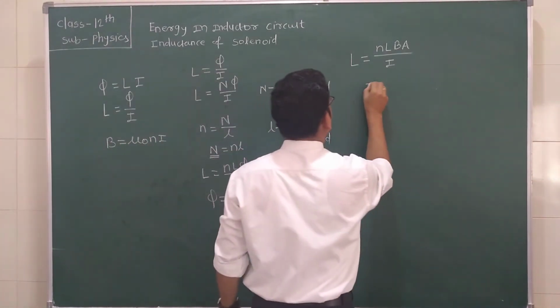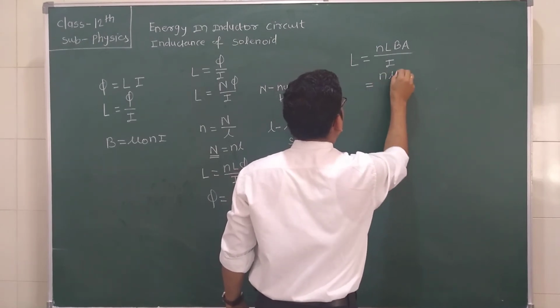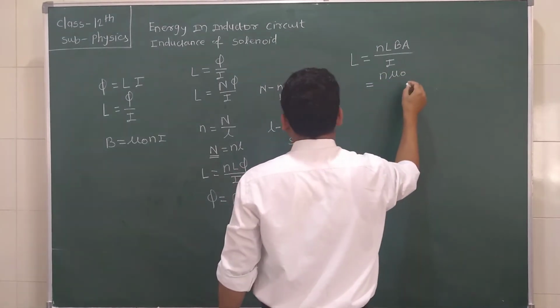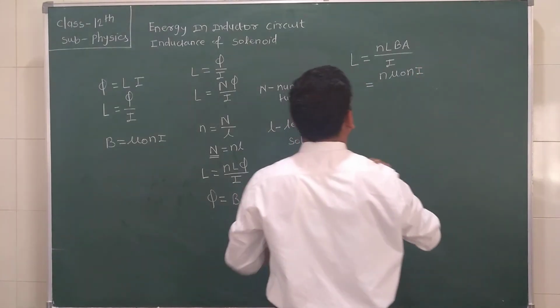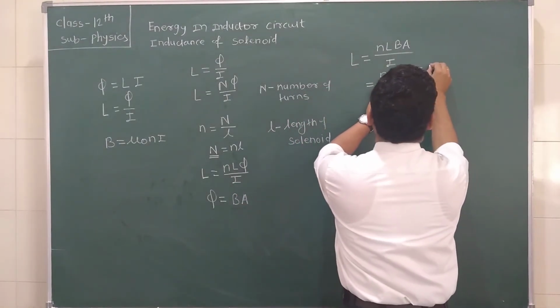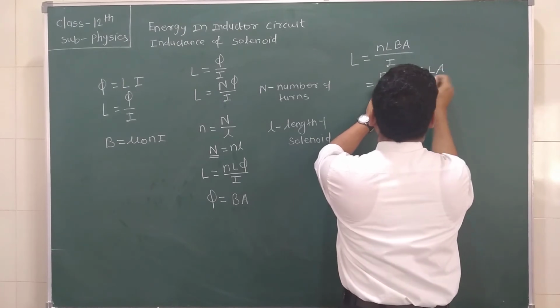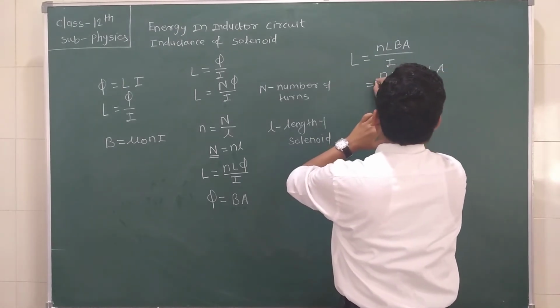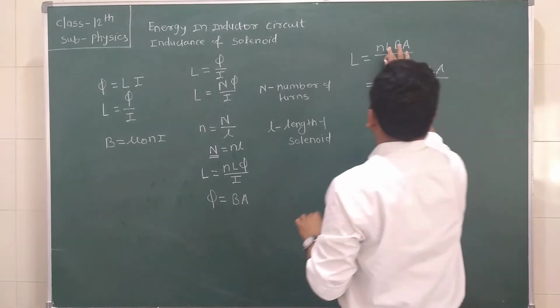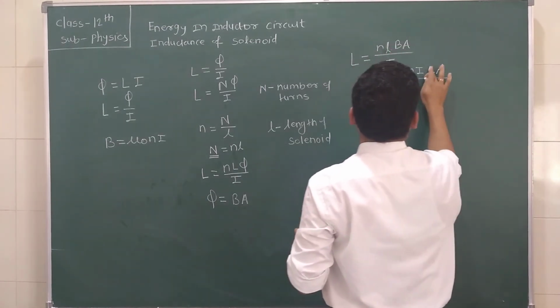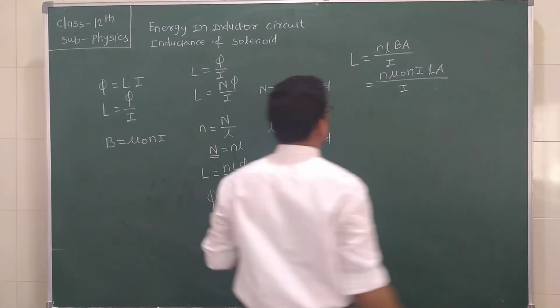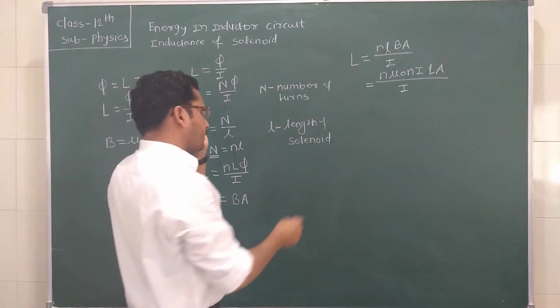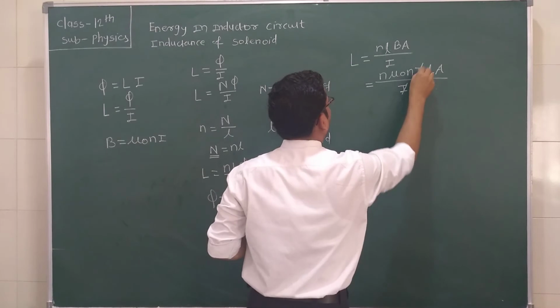So we can write here N mu 0 n I multiplied by l multiplied by A, and it is divided by I. So this I and I get cancelled.